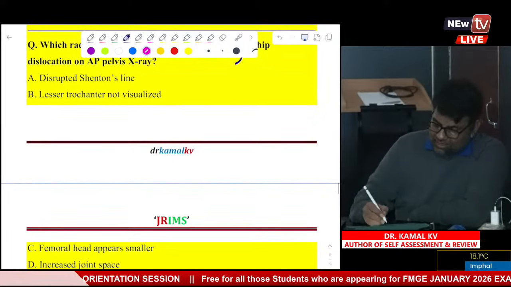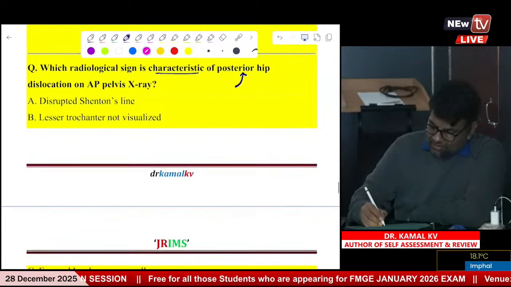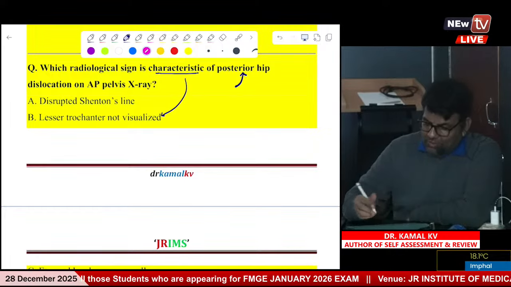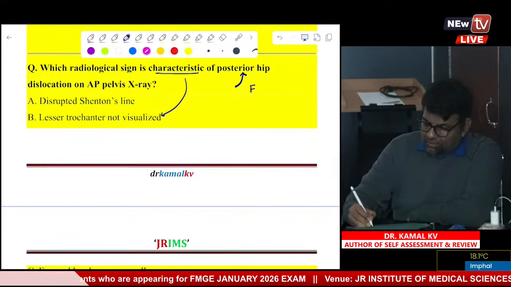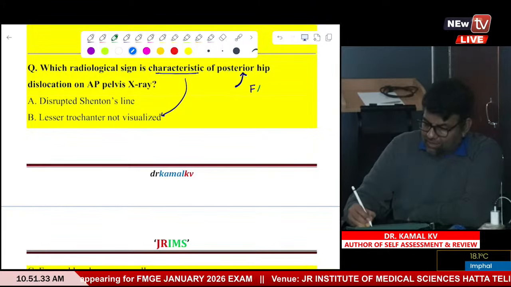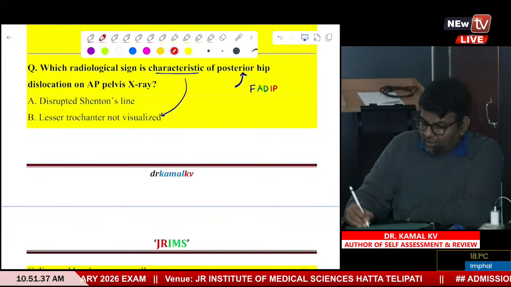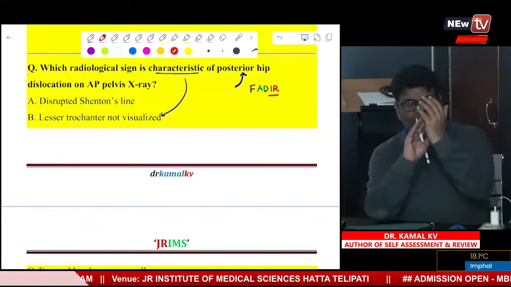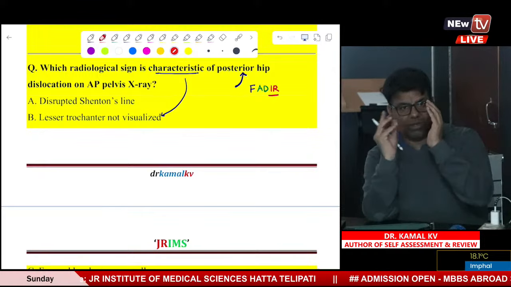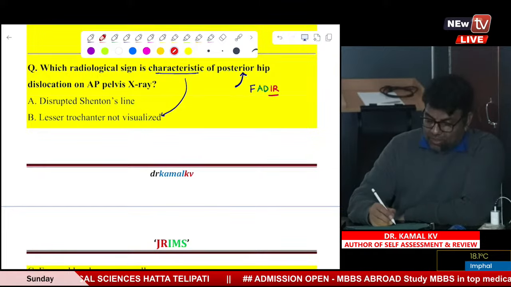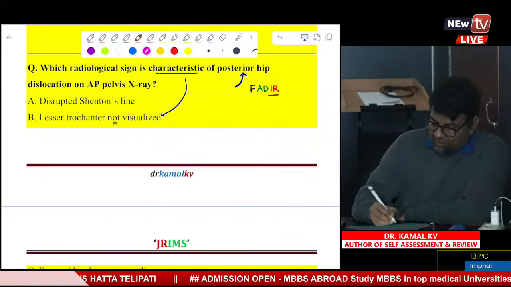So this is lesser trochanter, not visualized, because what is the posture? Flexion, adduction, internal rotation. Because of internal rotation, the lesser trochanter will hide behind the shaft, so it is not seen. So this is specific.